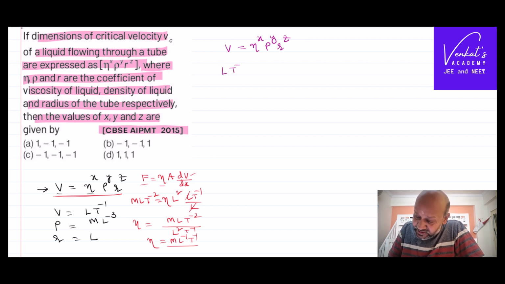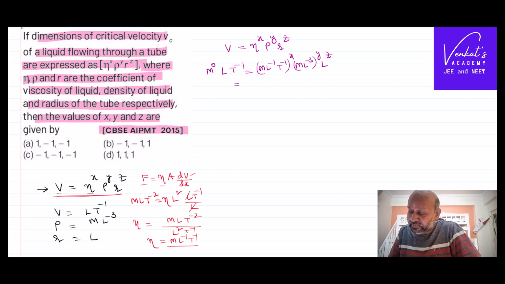Velocity is LT power minus 1, it means M power of 0. Eta we have found as ML power minus 1 T power minus 1 whole power of x. Density as mass per unit volume, ML power minus 3 whole power of y. Radius as L power z.